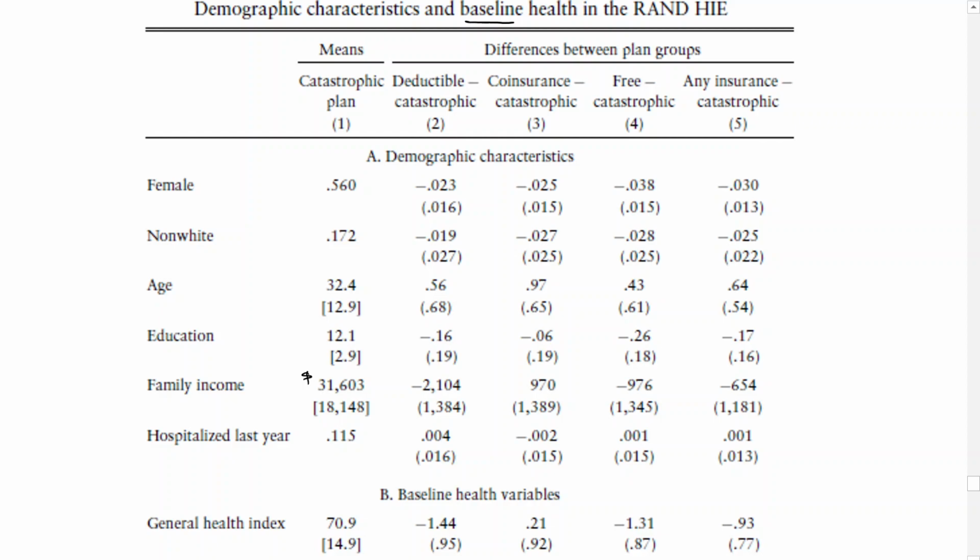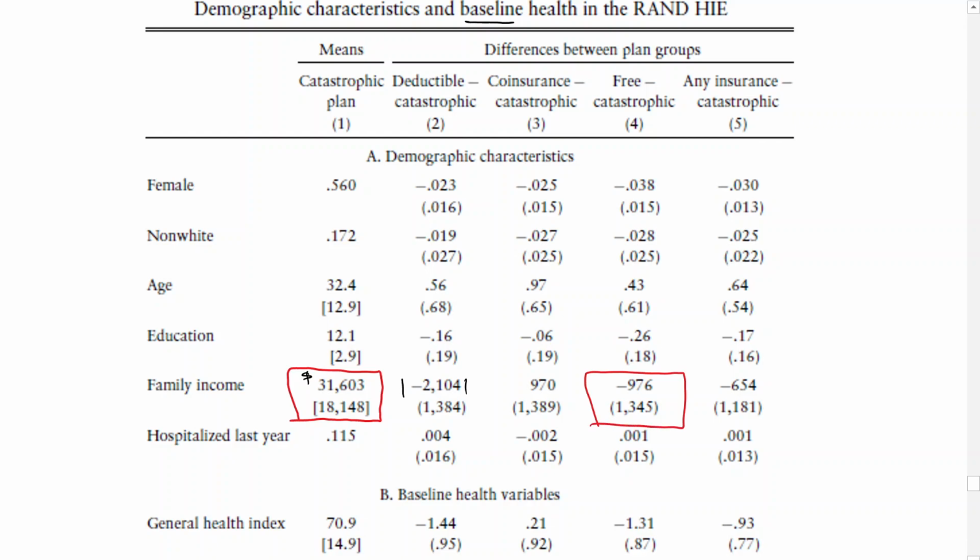The differences here are 2,000, 900, 900, but we can see that the absolute value of these differences in no case is large. And if we really want to compare this to table 1.1, we can look at those in a catastrophic plan versus those with free health insurance.